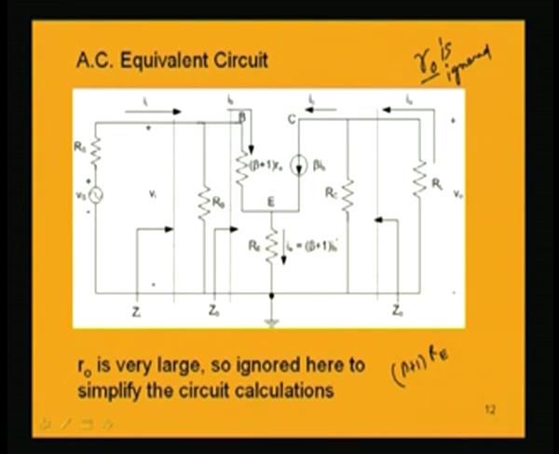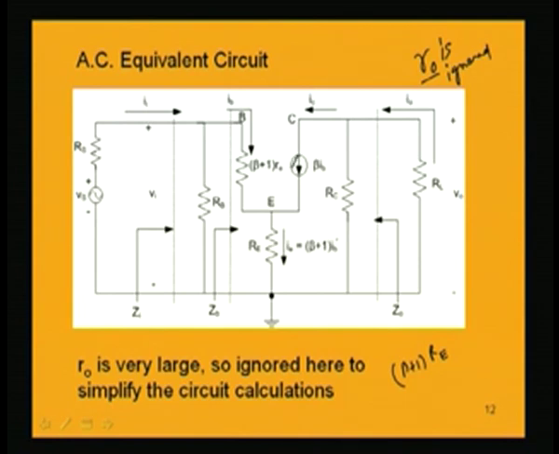That is conveniently done, because then our analysis will also be easier and we are not doing anything wrong, because the voltage drop is IB into beta plus 1 RE, plus IE into RE, but IE is again nothing but beta plus 1 IB. So, the voltage drop is the same, only we are writing it differently: instead of RE we can write beta plus 1 RE, and the current IB is the same, the other current is beta times IB.